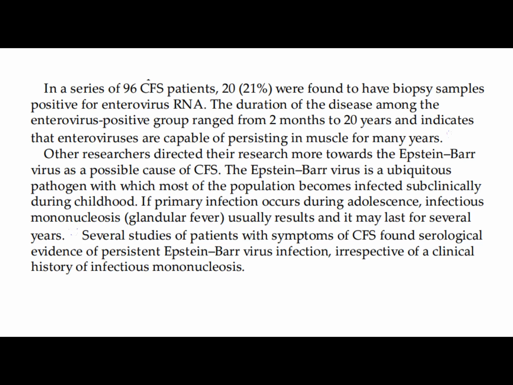If primary infection occurs during adolescence, infectious mononucleosis, glandular fever, usually results, and it may last for several years. Several studies of patients with symptoms of CFS found serological evidence of persistent Epstein-Barr virus infection, irrespective of a clinical history of infectious mononucleosis.